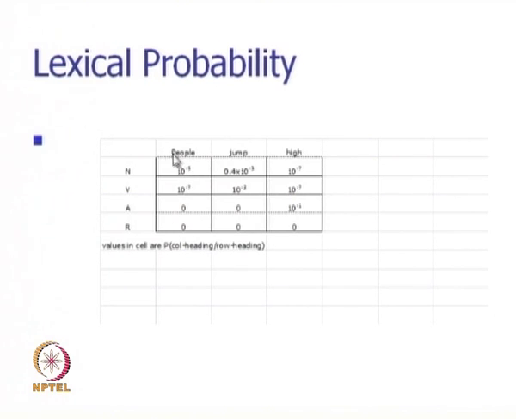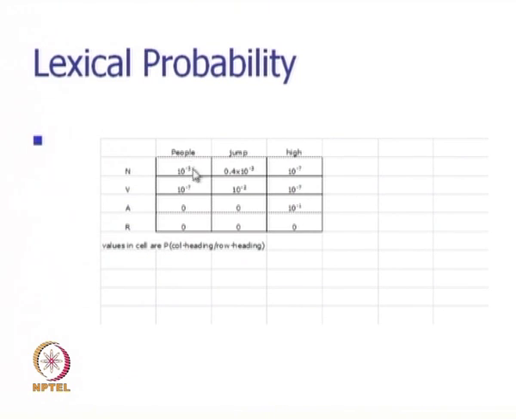Let us look at this column. We are computing the probability of W i given T i, similarly for jump and high. If you look at this column, this cell is the probability of people given that the tag at that position is n. This is shown to be equal to 10 to the power minus 5.